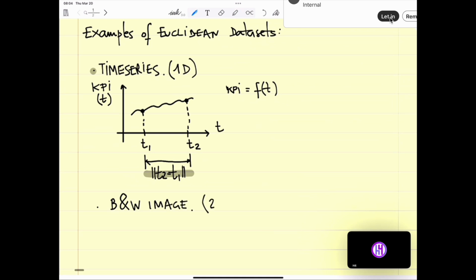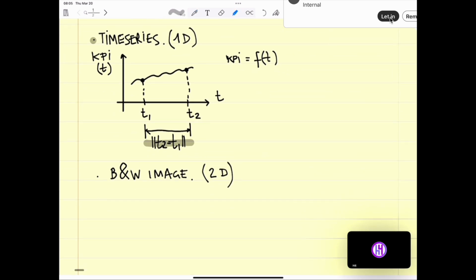This is going to be two-dimensional. Why is it two-dimensional?